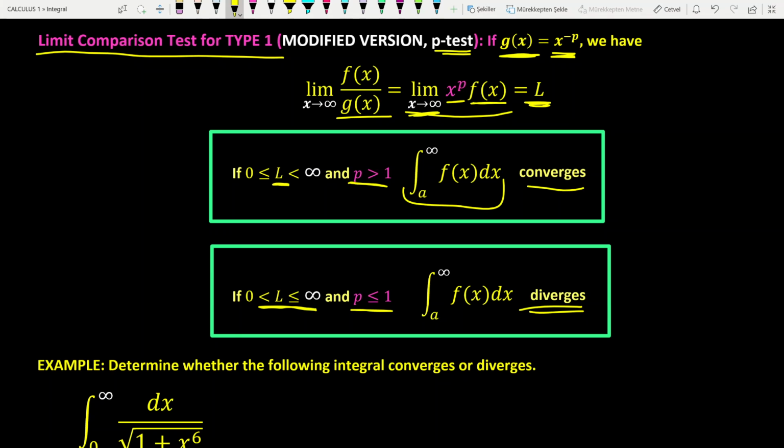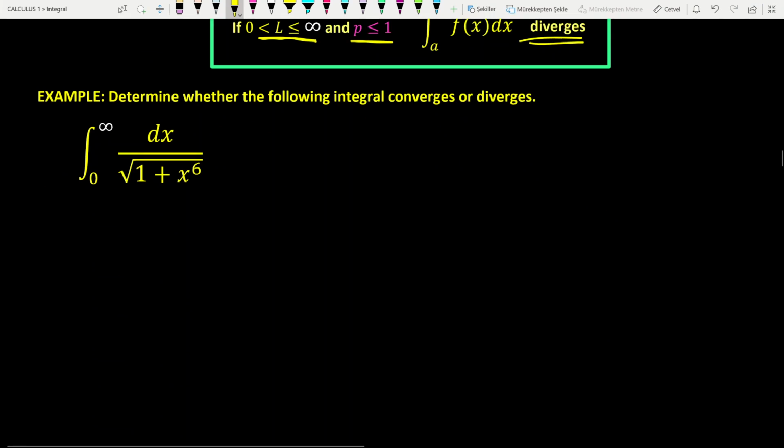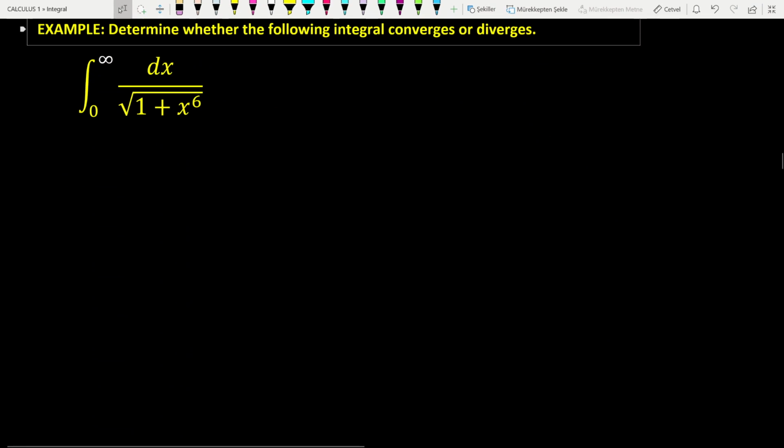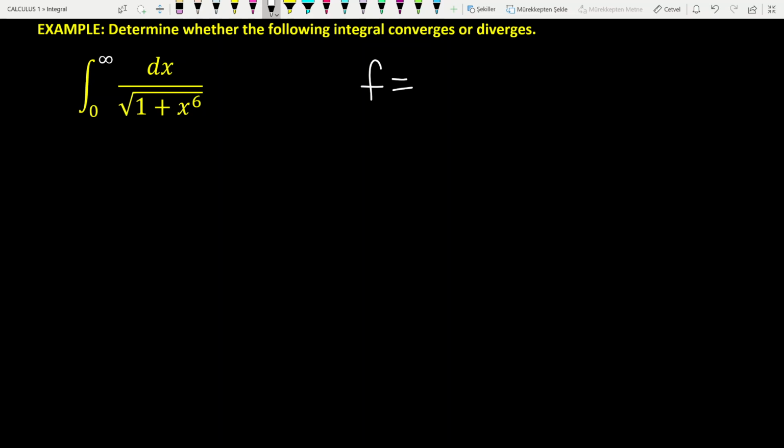Let's try to understand this problem with an example. Determine whether the following integral converges or diverges. Let me first write down f. F is 1 over square root of 1 plus x to the power 6. Since we have x to the power 6 in denominator, let's choose g of x as x cubed.